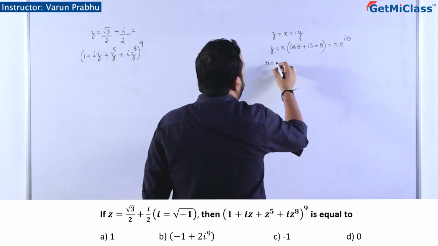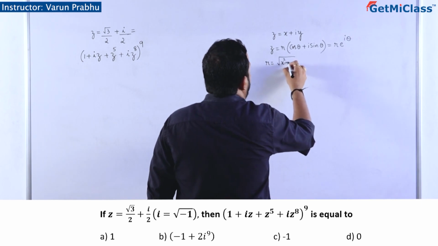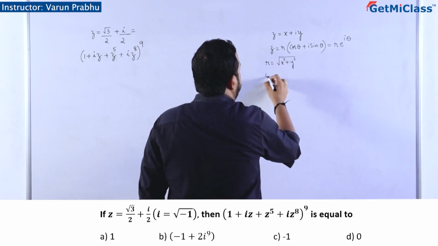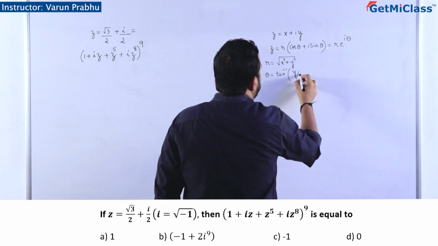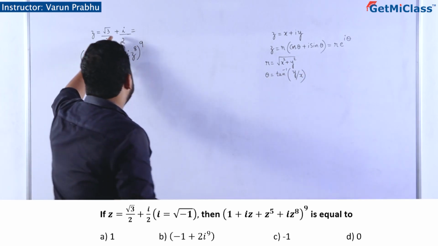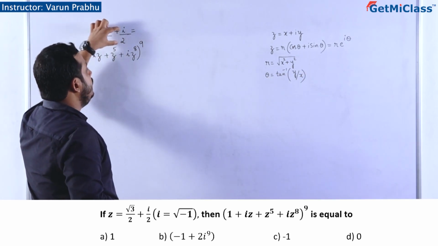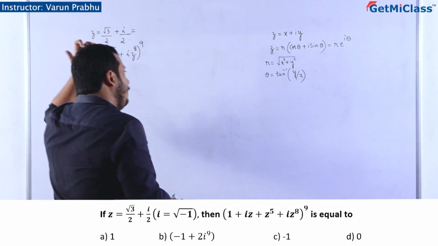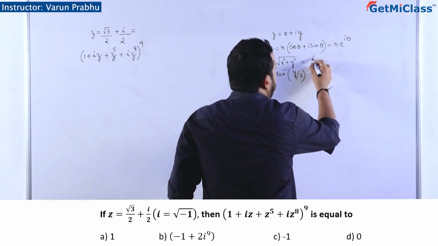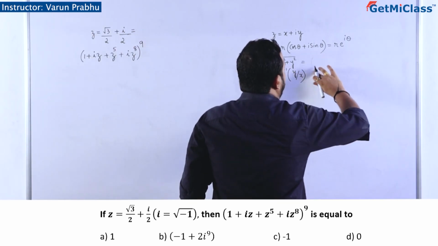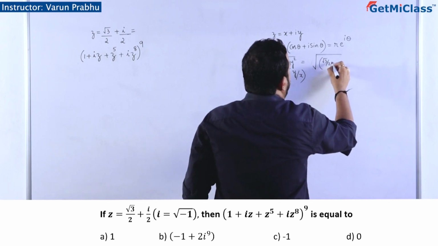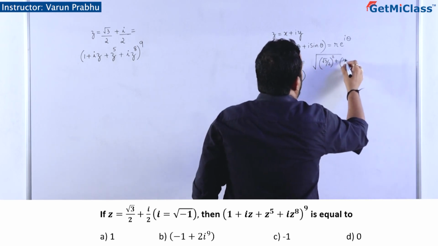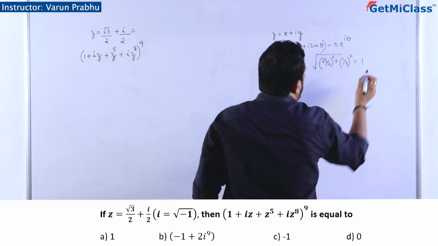So where the value of r is equal to root over x square plus y square and theta is equal to tan inverse of y by x. For this particular problem, root of x square plus y square, this is x and 1 by 2 into I. So I can write this as square root of root 3 divided by 2 the whole square plus 1 by 2 the whole square, that is equal to 1.